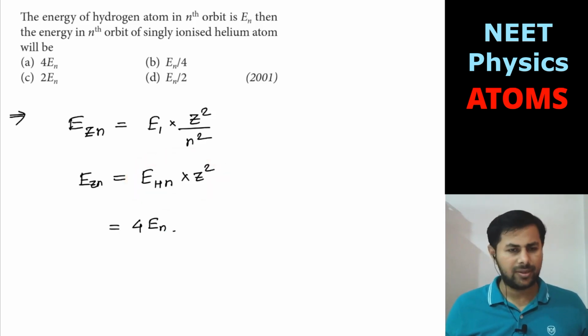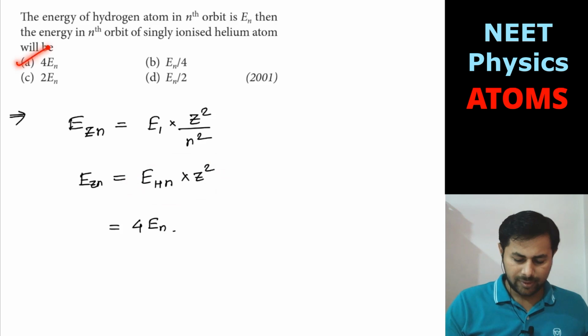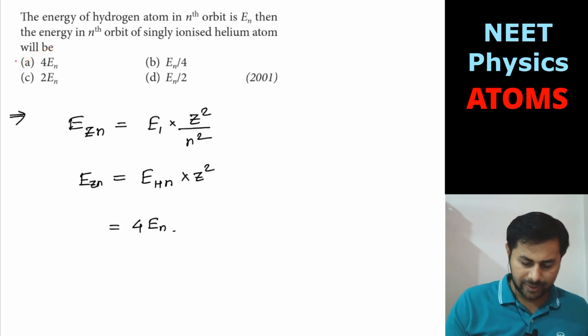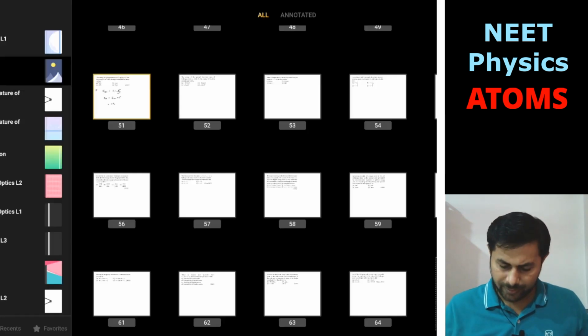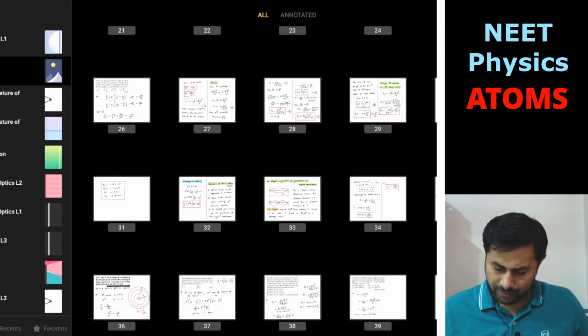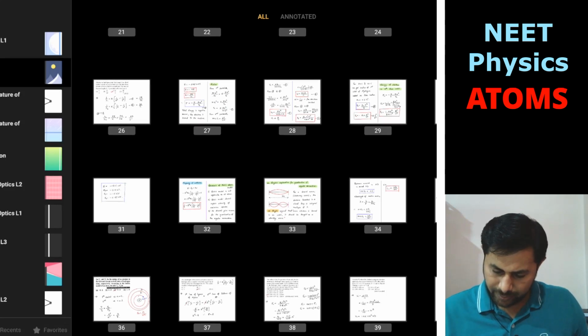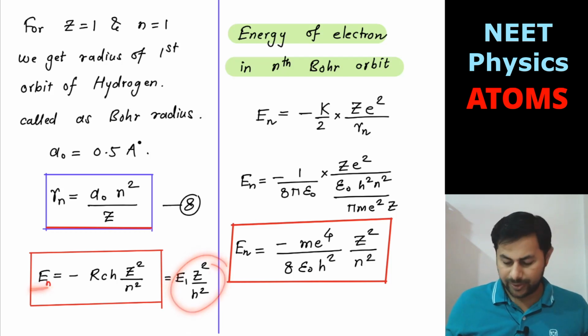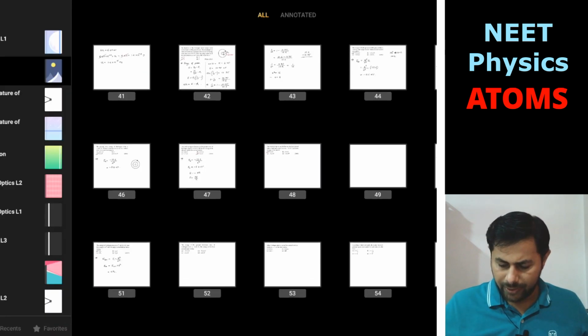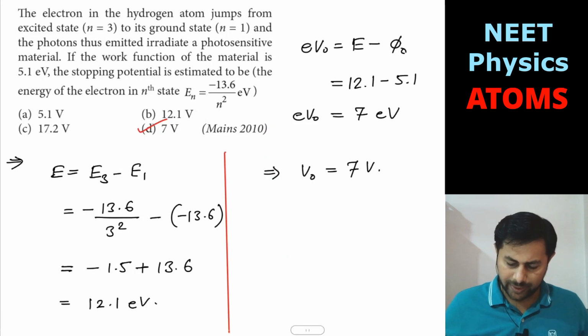It is just 4 times En. Okay, this is clear. We have used this formula: En is equal to E1 times Z square by n square.